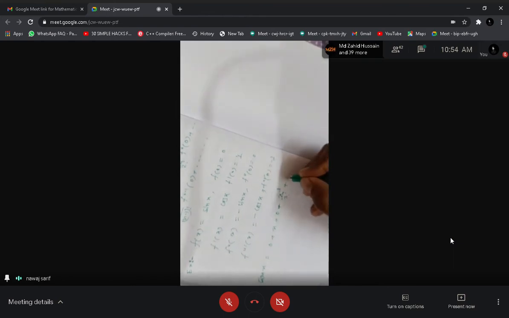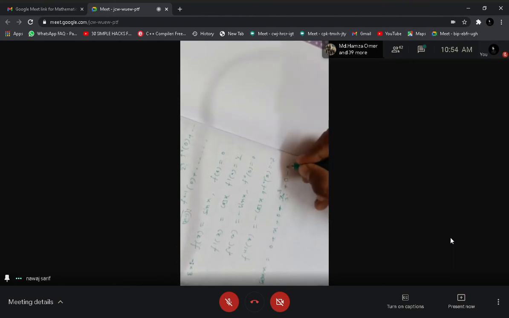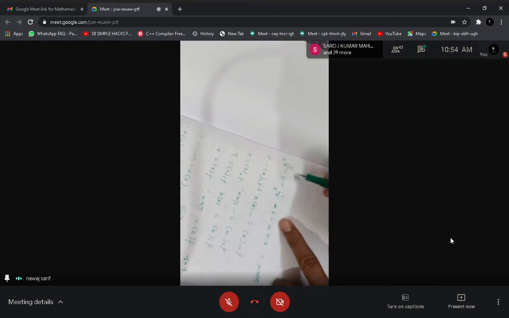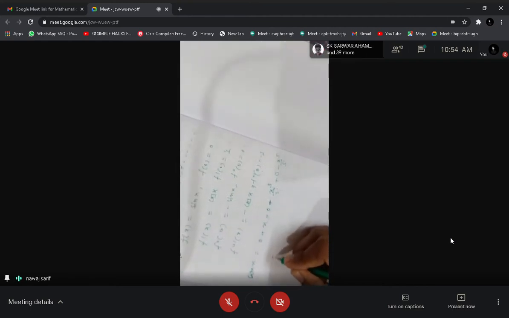Then your fourth term will be 0. Then your fifth term will be what? Plus 1, so x to the power 5 by 5 factorial. That means all the even degree terms are 0. So this expression is what? x minus x cube by 3 factorial.